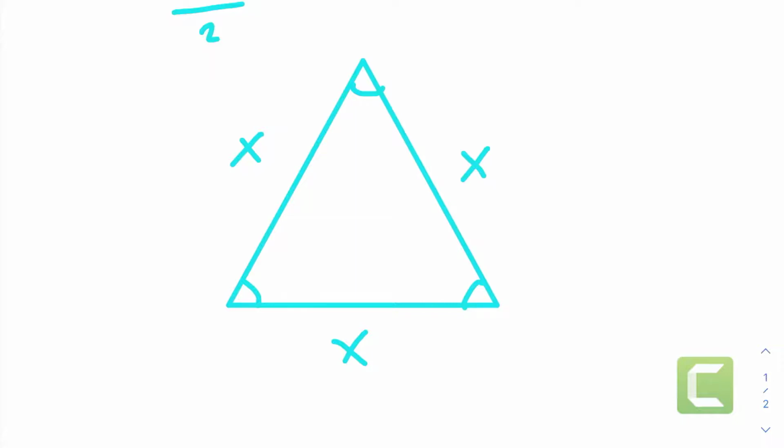So if we drop a perpendicular like this, then these two sides will be congruent and these two angles will be congruent. And these are both right angles. So what would we get?